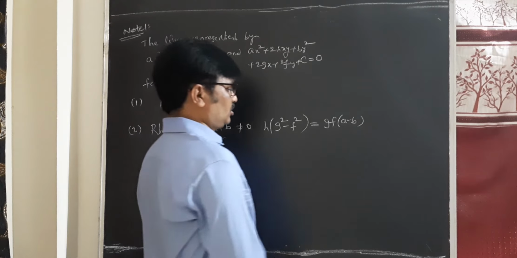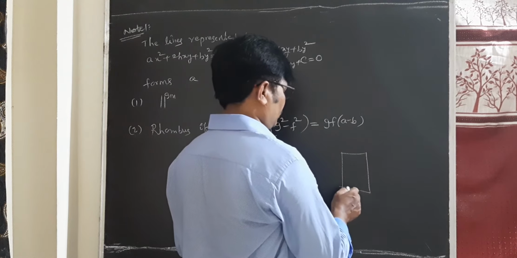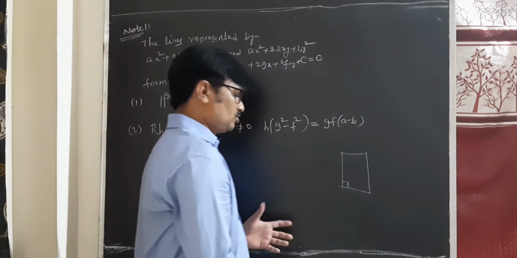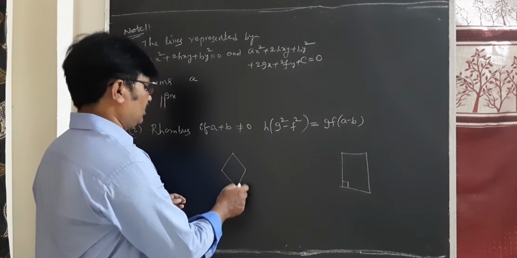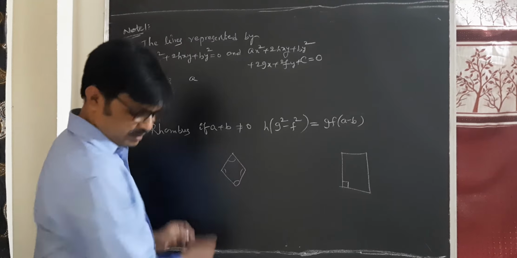The angle between the adjacent sides of a rectangle is 90, of a square is 90, but for a rhombus the angle between the adjacent sides is not 90.